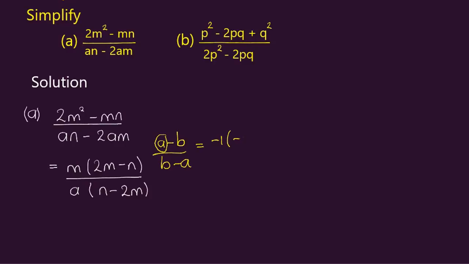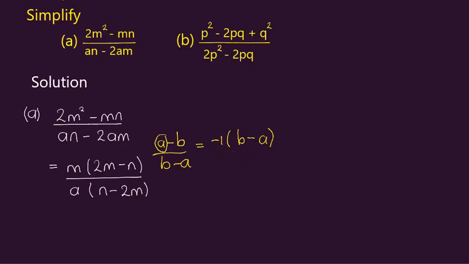Let me just put it right here. You get your -a, and if you divide -1 into -b, you get positive b. I'm just going to rearrange and put it like this, and if you divide by your b minus a, you cancel out the b minus a, and your solution will eventually come out as -1. So always remember that.